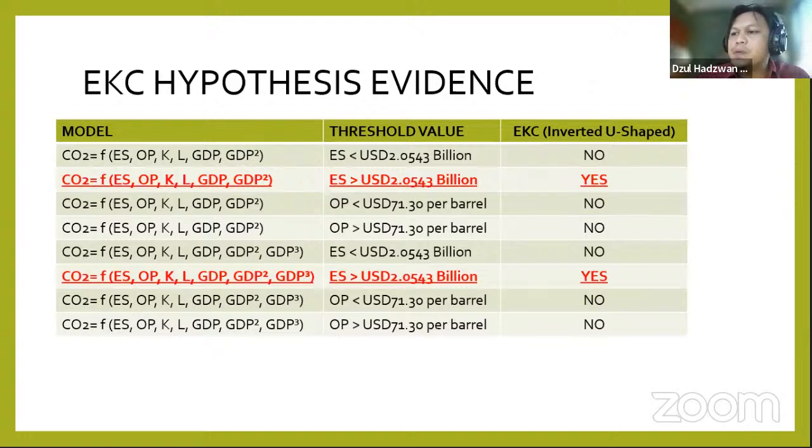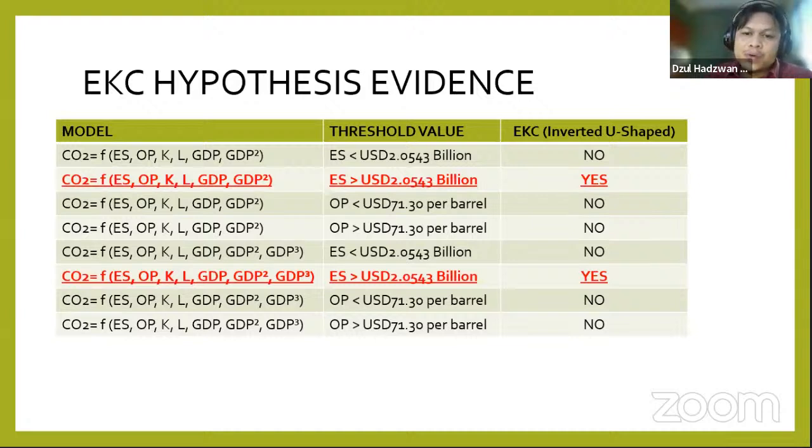Okay, next we move to the evidence to prove whether the EKC hypothesis exists in our model or not. And we found that the theory suggested in the EKC hypothesis only happens when the energy subsidies are more than 2.0543 billion.